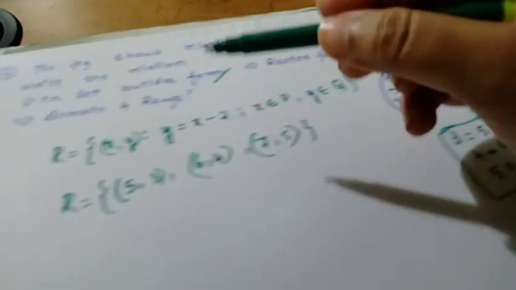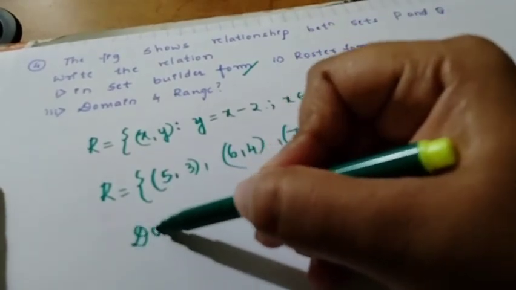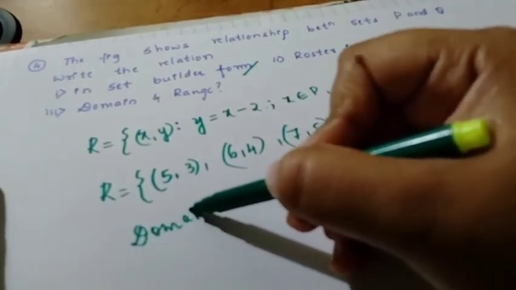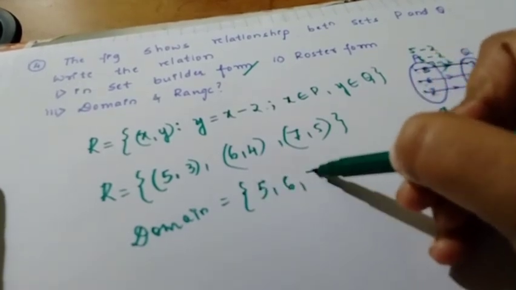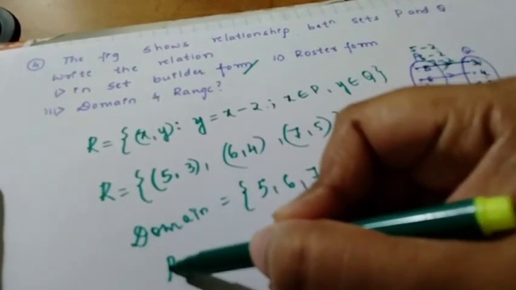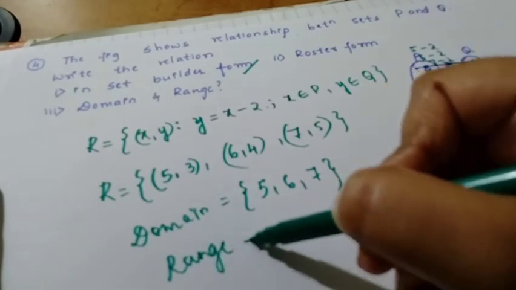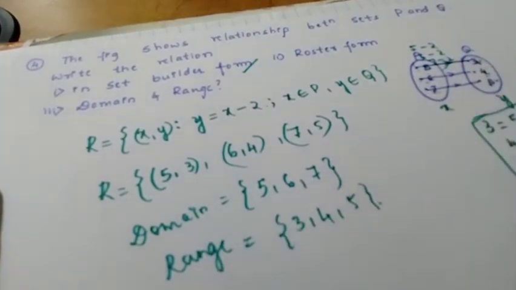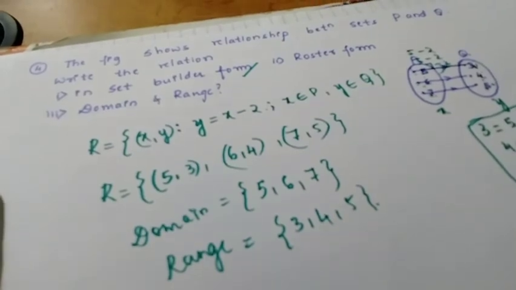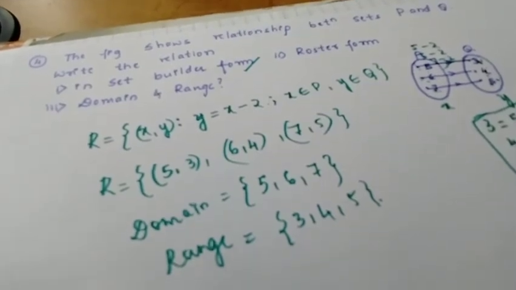Next you have to write the domain and range. So domain is set of all first elements. So domain will be equal to {5, 6, 7}. Range will be equal to what? {3, 4, 5}. Okay, it is clear?